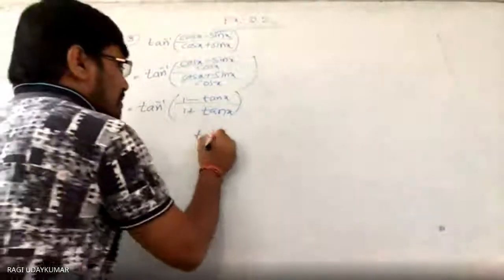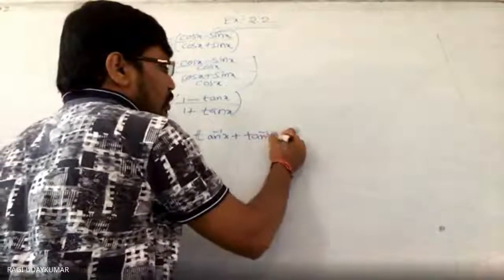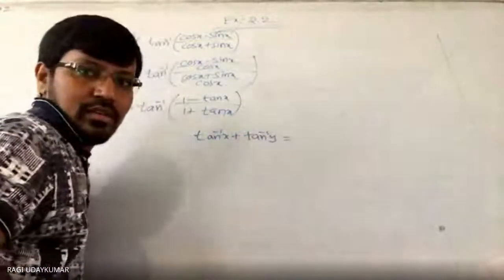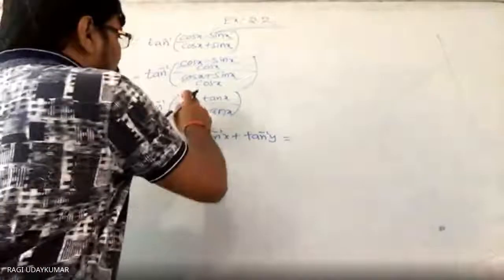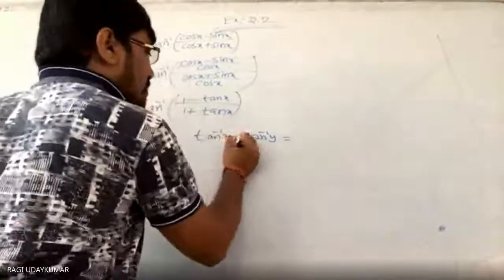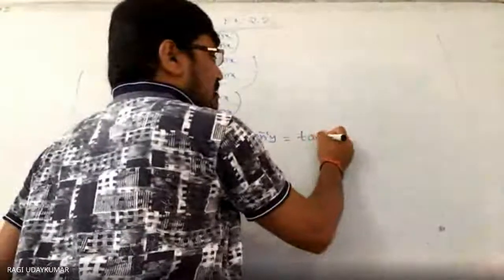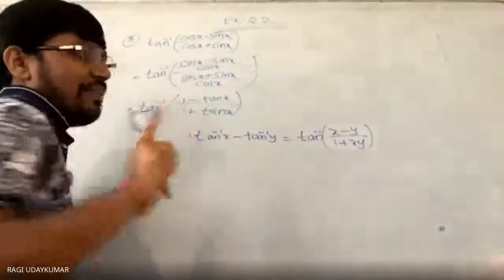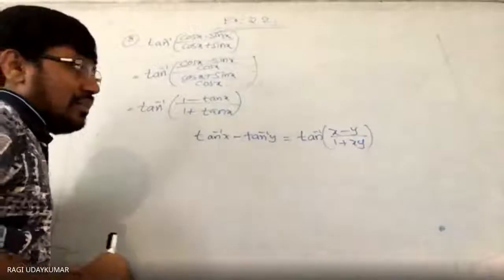You recall this formula, tan inverse of x plus tan inverse of y. Here there is a minus, so tan inverse of x minus tan inverse of y you take. Tan inverse of x minus tan inverse of y is equal to tan inverse of x minus y by 1 plus xy. In the place of x you take 1, in the place of y you take tan x.